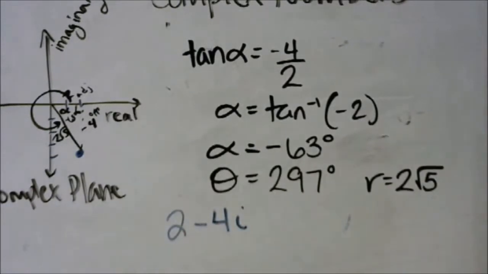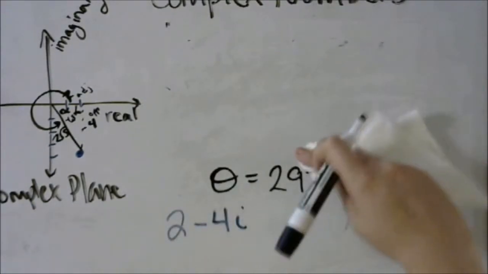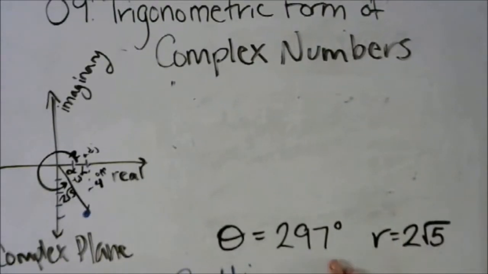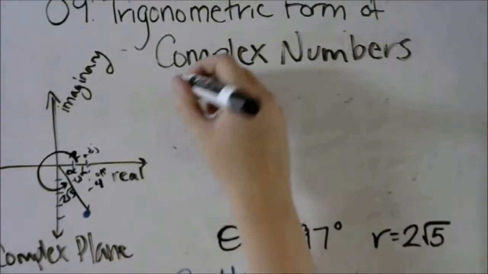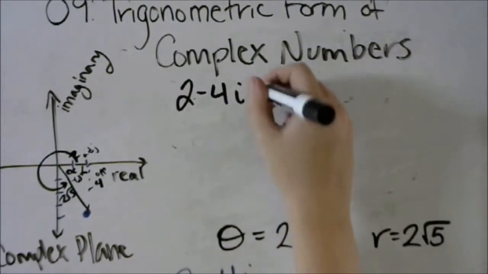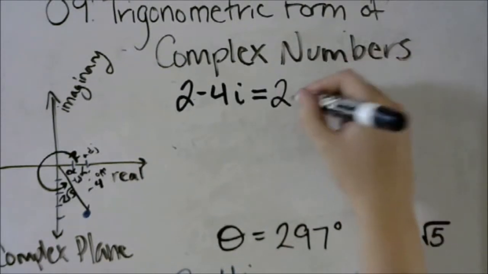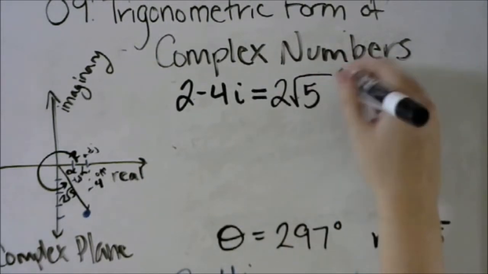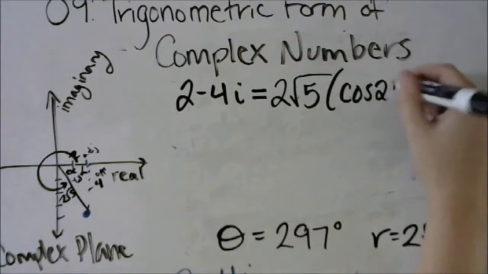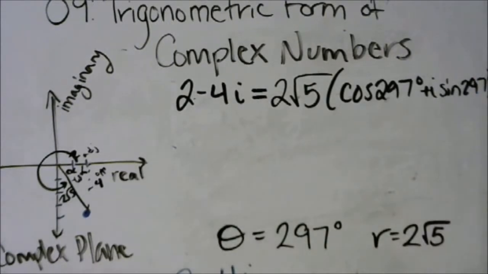Let's put this all together and take a look at the trigonometric form of a complex number, which is what our learning target is focused on. With these two pieces of information, we can say that the complex number 2 minus 4i is equal to 2 radical 5 (cosine of 297 degrees plus i sine of 297 degrees).